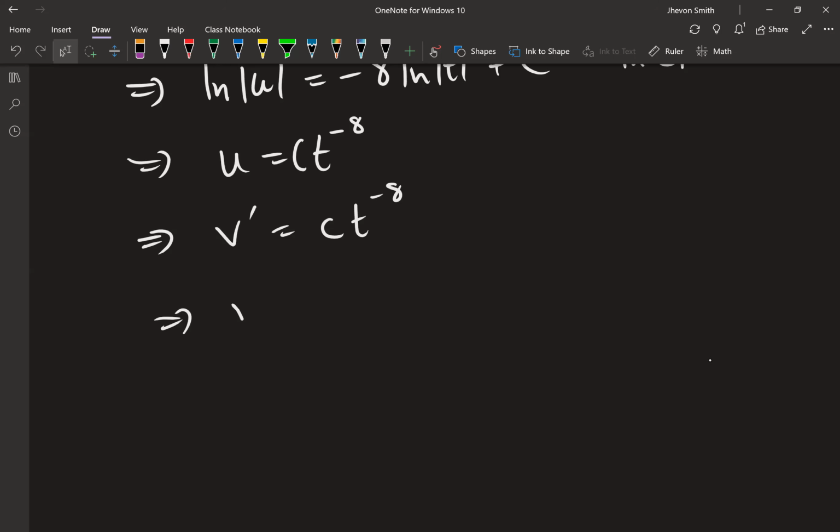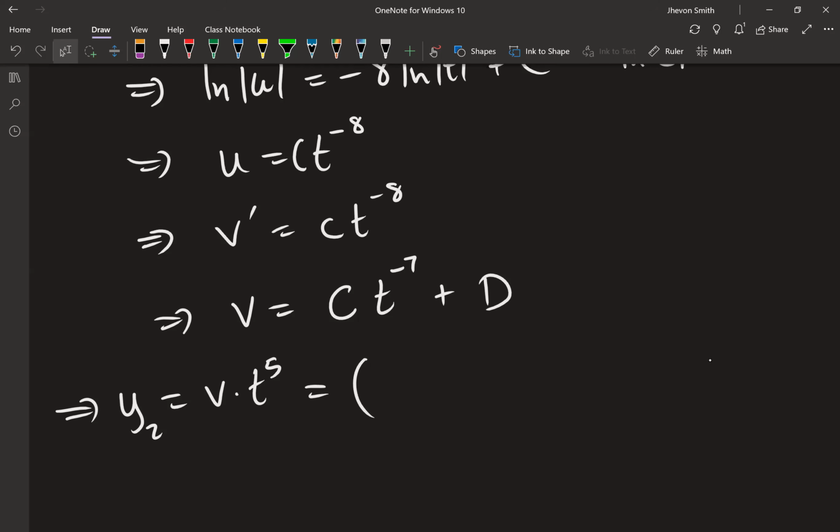Which means I can solve for v by integrating that, add 1 to the power, divide by the new power, but this is just going to be some other constant, plus some other constant. So this means my second solution is v times the first solution, which is t to the 5th, which is going to now be ct to the minus 7 plus d times t to the 5th.